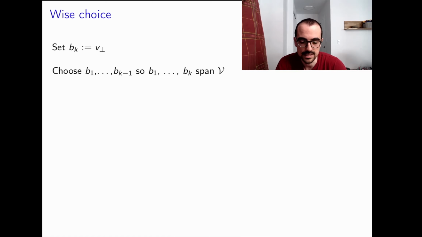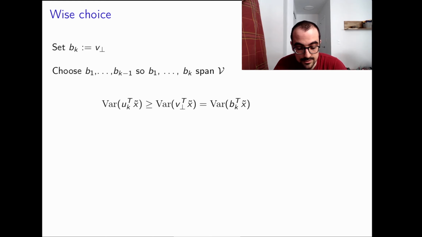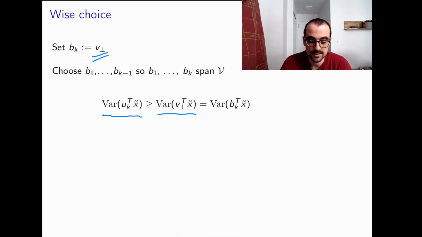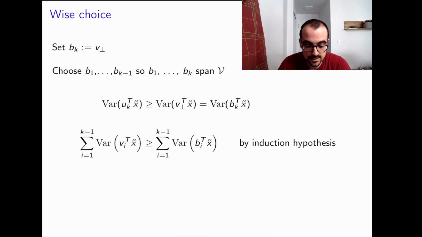And now what happens? Well, we already saw that the variance in the direction of the kth principal direction is greater or equal to the variance in the direction of this vector here. And now we can use the assumption that we've made in the induction step, because we are assuming that these guys maximize the variance for any k-1 dimensional subspace.